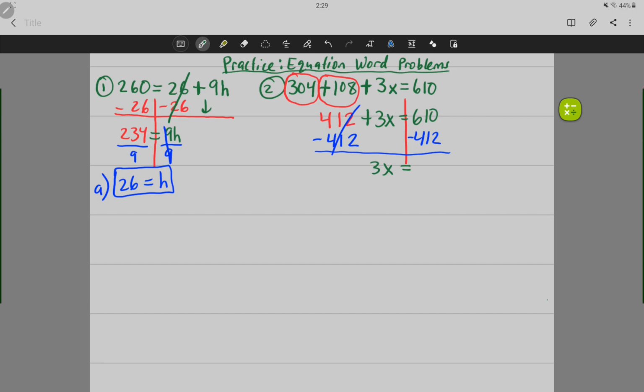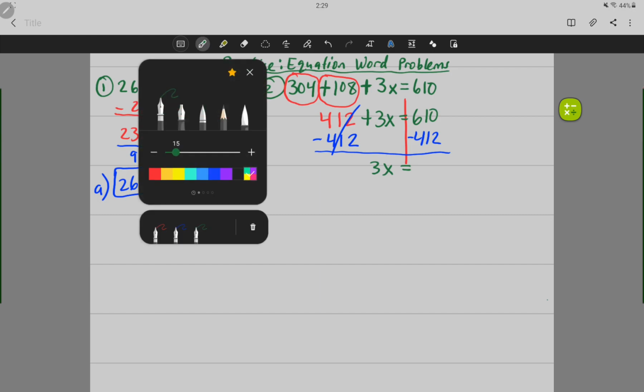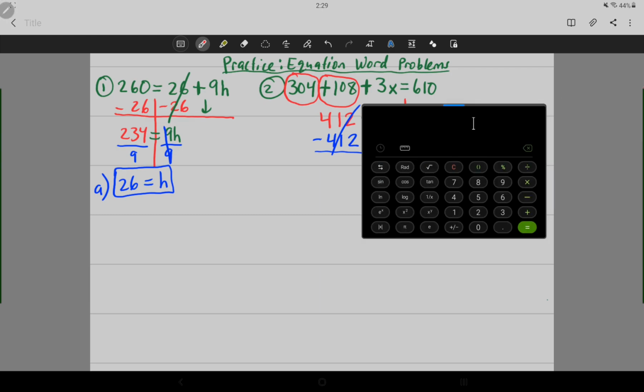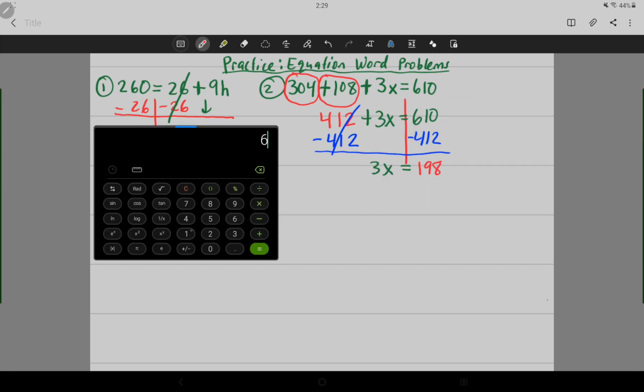And 610 minus 412 is going to be 198. Again, you should double check it on your calculator just to be sure. All right, so we had 610 minus 412, 198, right?